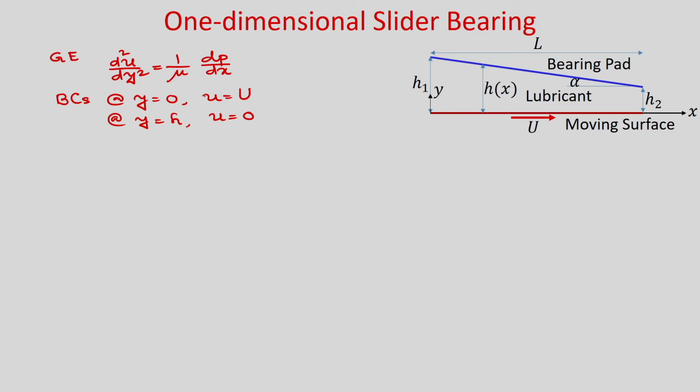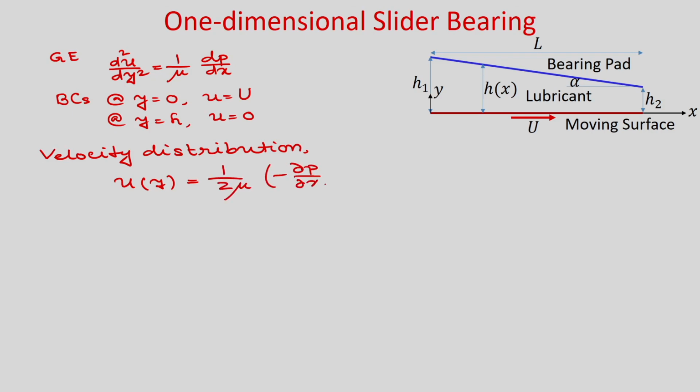If you invoke these boundary conditions and integrate this governing equation, find the constants, then finally you can write the velocity profile u, which is a function of y, as 1 by twice mu times minus del p by del x times (y h minus y square) plus U times (1 minus y by h). Okay. So, now let us find the volumetric flow rate.